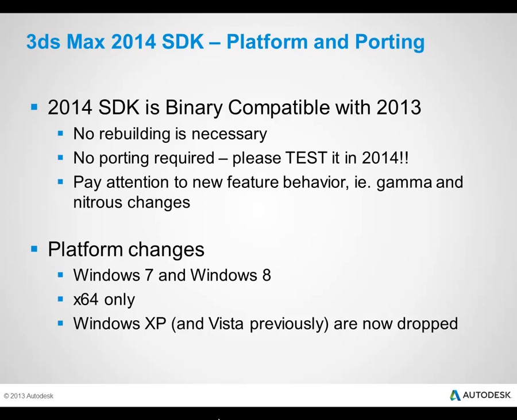Platform changes for the 2014 release: 3ds Max itself is only supporting Windows 7 and 8 now. So we've dropped support for Windows XP. Vista was dropped in the last release. And we're also only supporting x64 now.